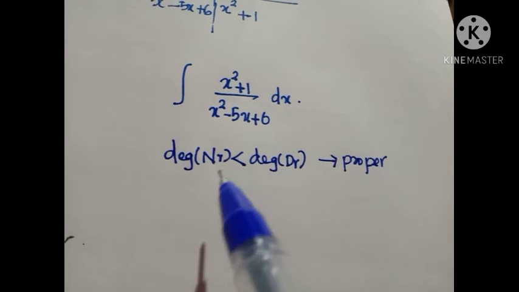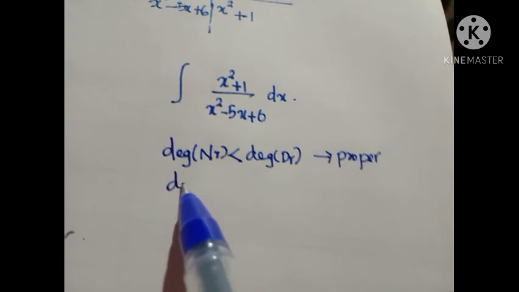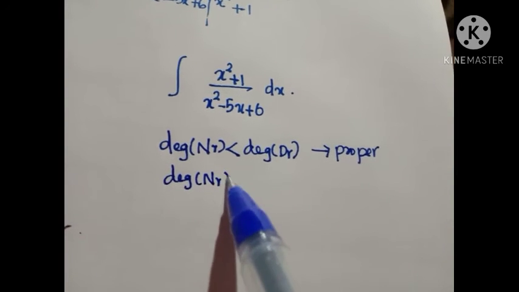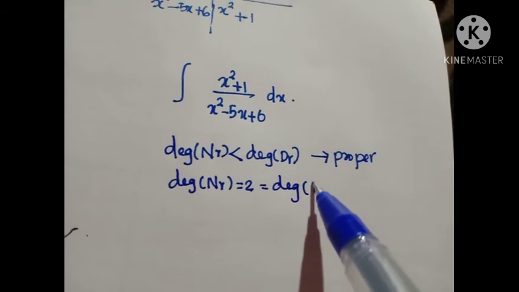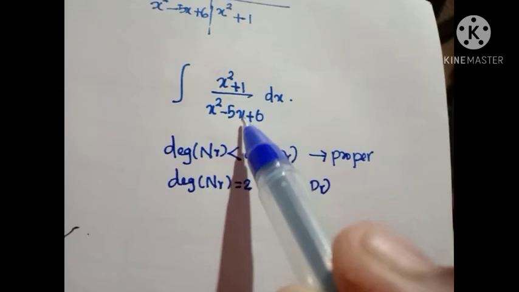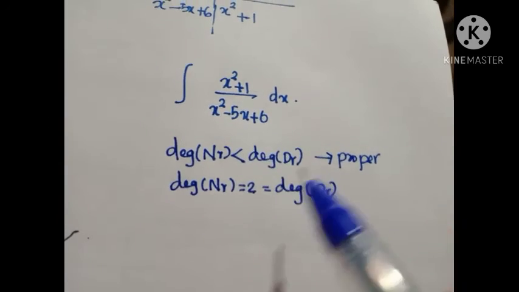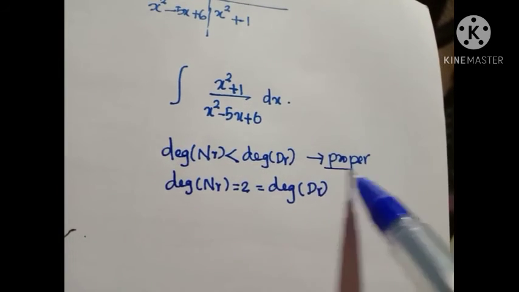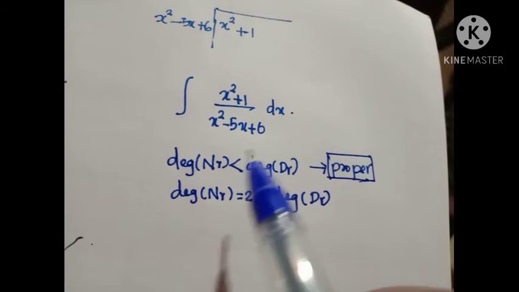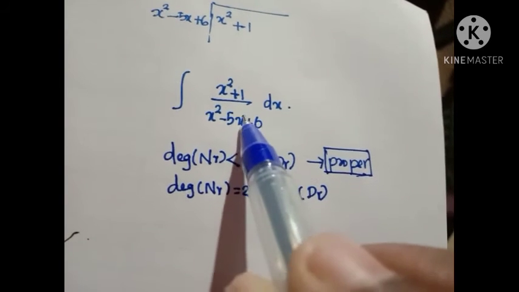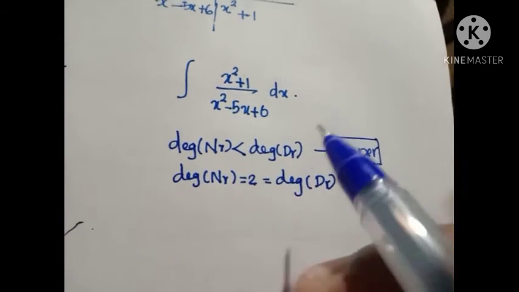Otherwise it is improper. Here the degree of the numerator is 2 and also the degree of the denominator, because both are quadratic expressions. So the given integrand is not a proper rational function.